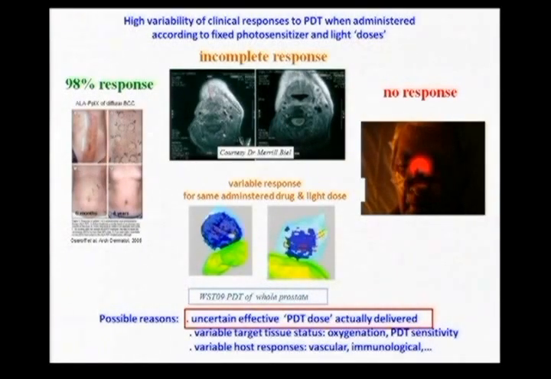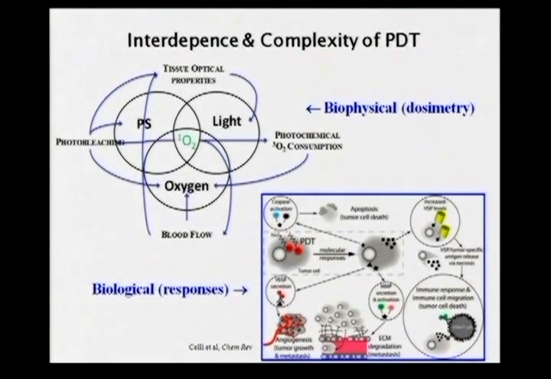For instance, in this gentleman, we undoubtedly gave a huge drug and light dose. And so either there was absolutely no oxygen in this tumor, or there was some biological reason why this tumor was completely resistant. But certainly some of this variability is due to the uncertainties in the amount of PDT dose actually given.